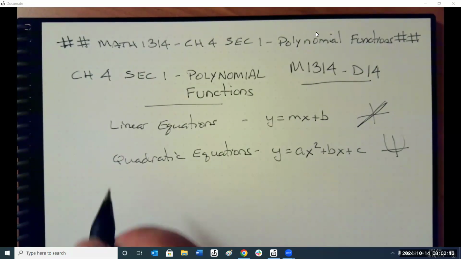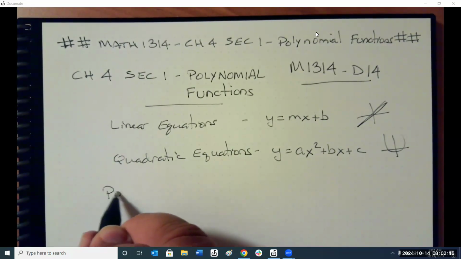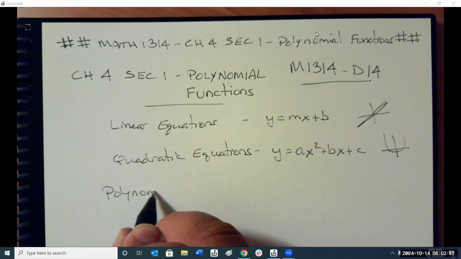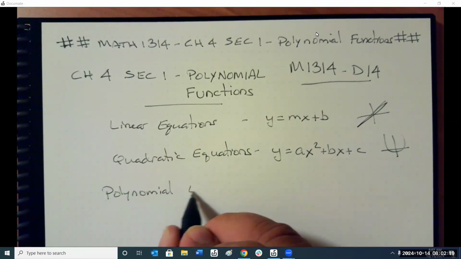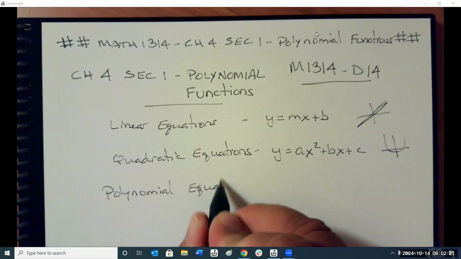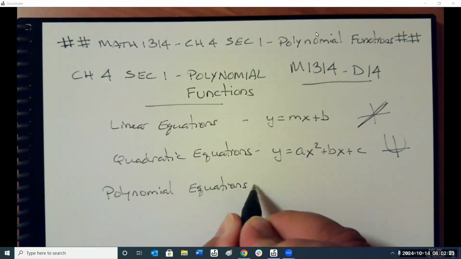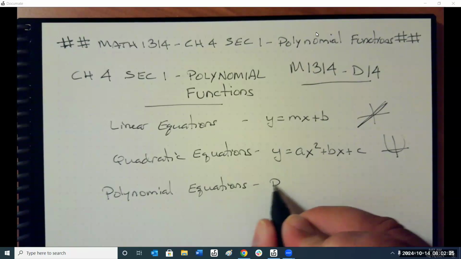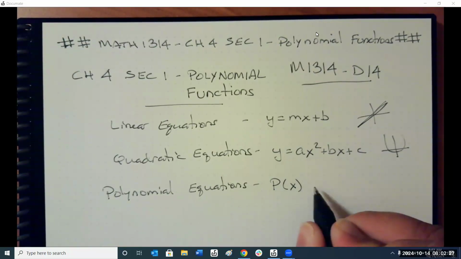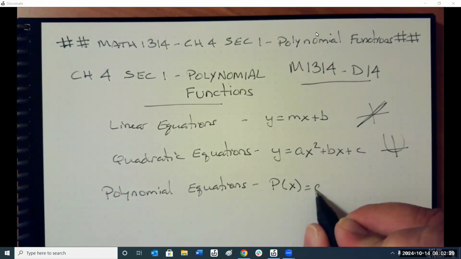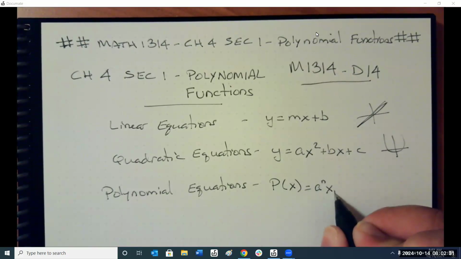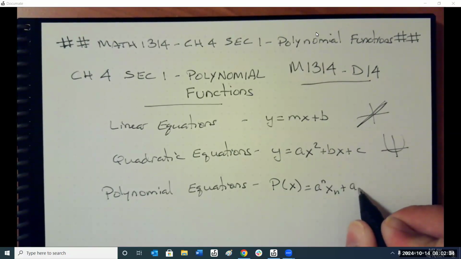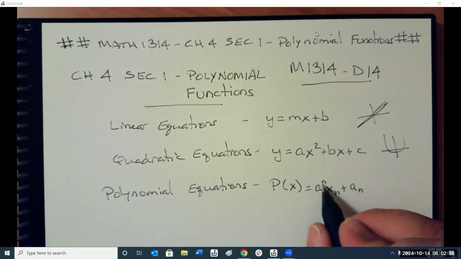Now we're going to move on to something called polynomial equations. Polynomial equations or polynomial functions look like this. Oops, I have these backwards.